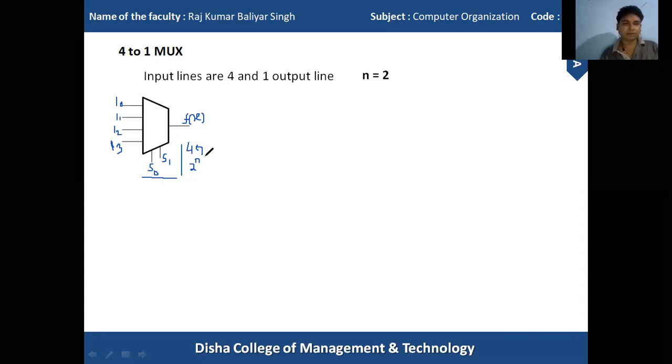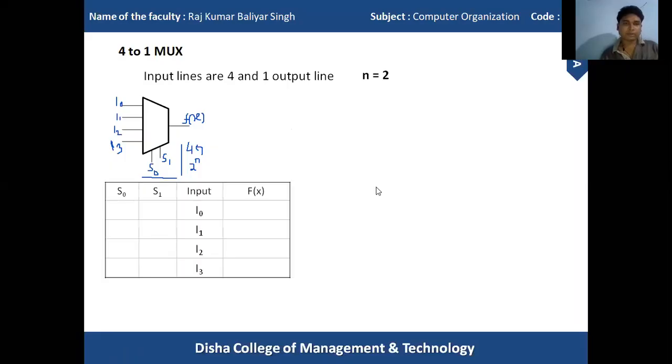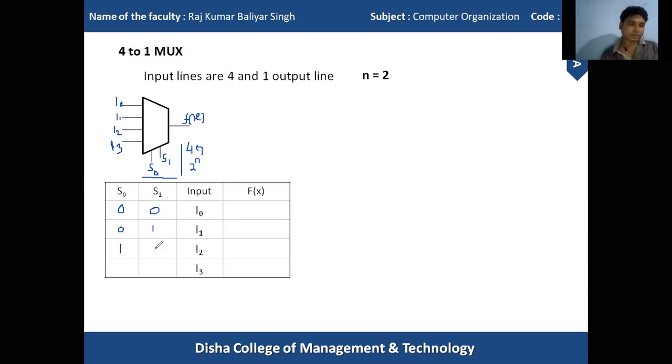So let's see the functional table of this 4 to 1 mux, and how we can determine the function f of x. In this functional table we have 4 input sequences: 00, 01, 10 and 11, and we have 4 input lines I0, I1, I2 and I3.